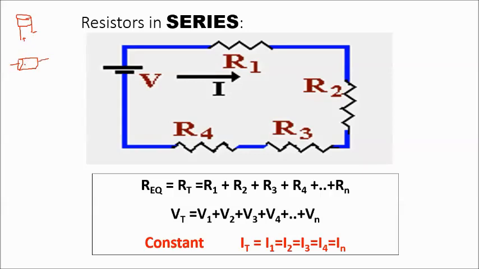So you can connect it backwards. Just connect and connect. So, you have V, R1, R2, R3, R4. Now, to find R equivalent, simply add.